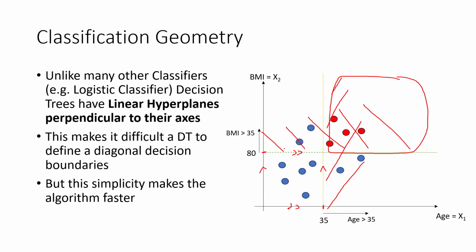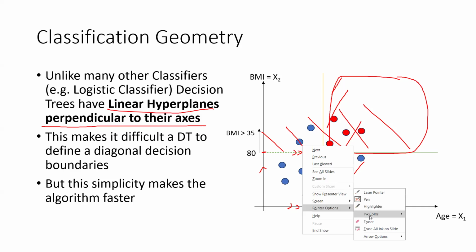This means in decision trees, your decision boundaries are always parallel to the axes. These are actually linear hyperplanes when it comes to multidimensional vector spaces. So these linear hyperplanes are perpendicular to their axis, right?